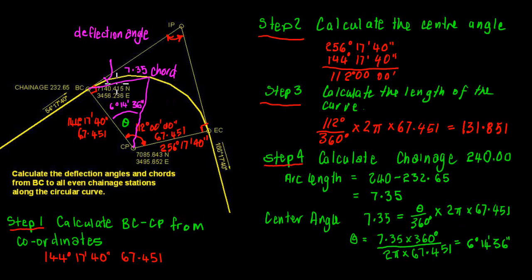So the arc 7.35 and the chord is what we're going to actually work out as we move along from this one here. So 6 degrees 14 minutes 36 seconds.